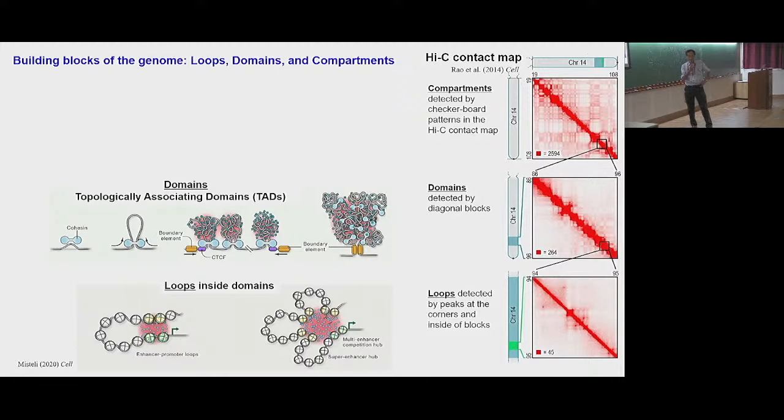I think there are some arguments, who do not agree with this hypothesis, but many experimental evidence shows that the cohesin really slides along the chromatin.